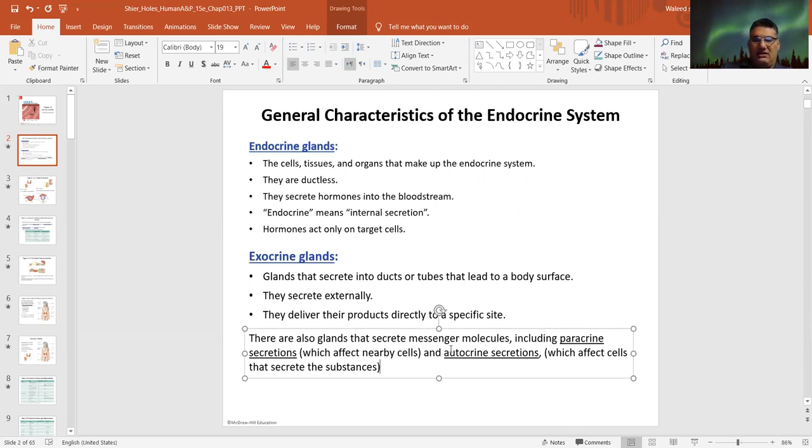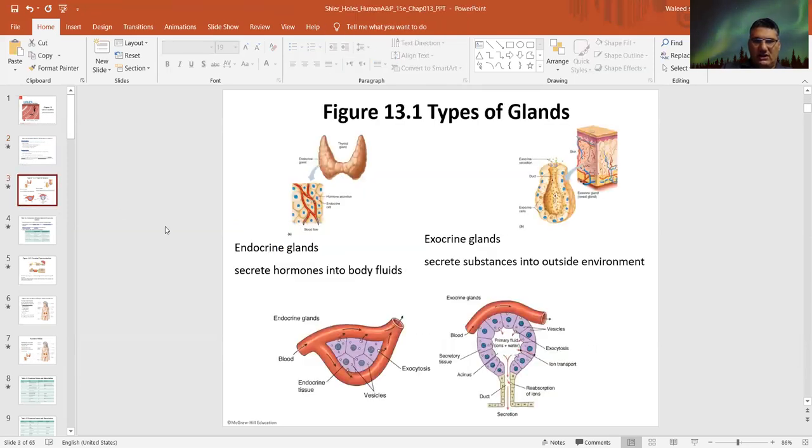Sweat glands, for example, are exocrine because they have ducts that take the secretions out to the surface of your skin. As long as you have a duct, it will take it outside, and we call that exocrine. So these are the main differences that we need to know about endocrine and exocrine.